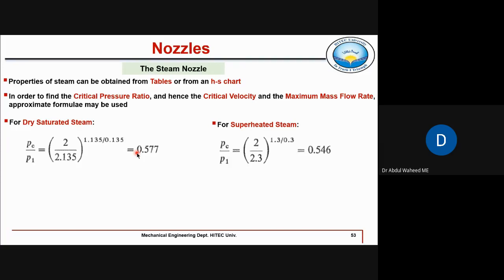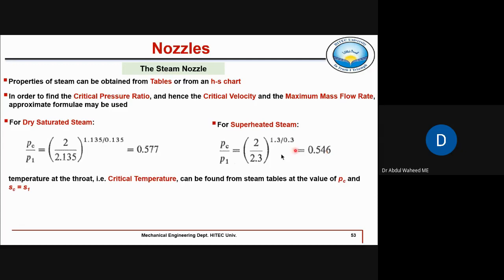Similarly, for superheated steam, this gamma or N or K is assumed as 1.3. So the critical pressure ratio for superheated steam is 0.546. Right. Temperature at the throat, that is the critical temperature, can also be calculated using the same equation, Tc over T1, or we can use this method using steam tables. This is convergent nozzle.